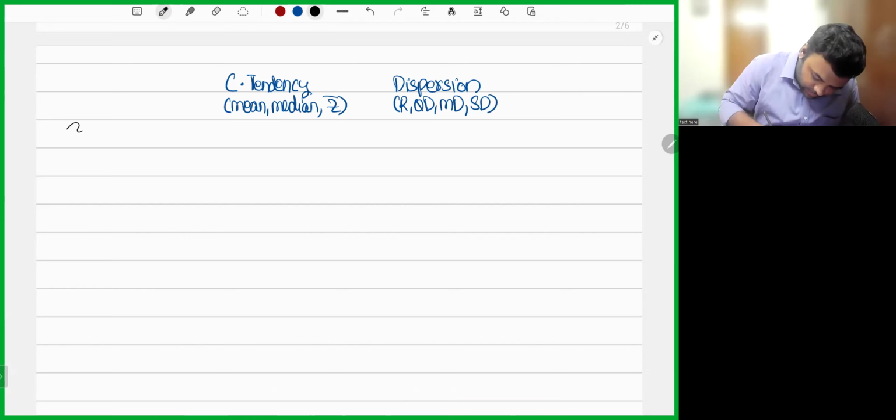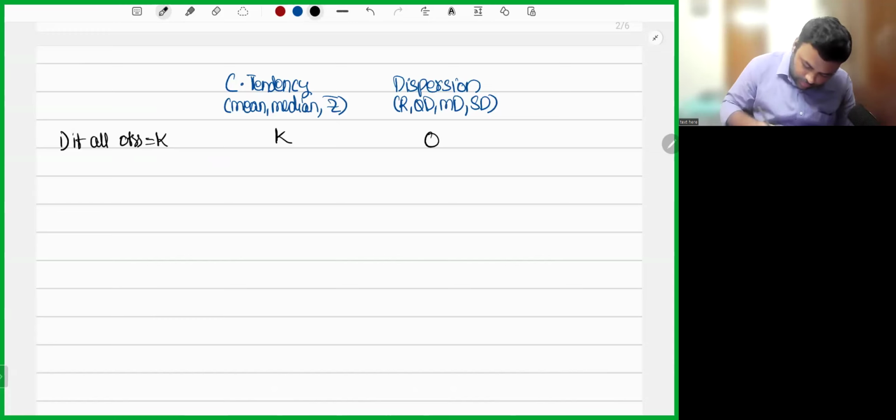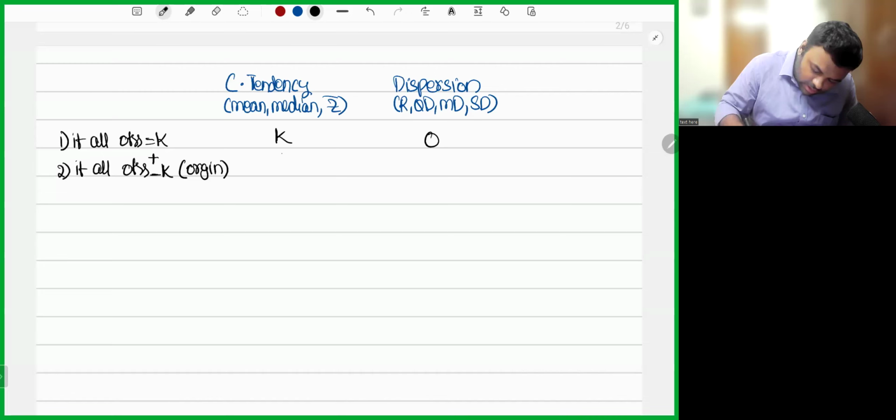So first point, if all observations are constant, central tendency is constant, dispersion is 0. Next, if all observations are increased or decreased by a constant, that is origin, central tendency also increases or decreases by the same constant, but dispersion has no effect.